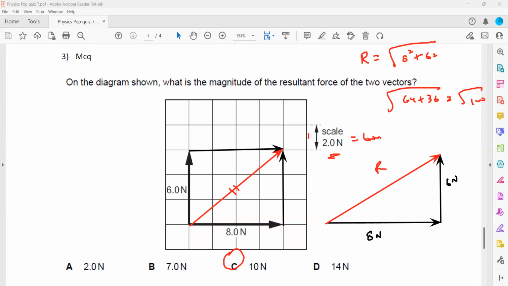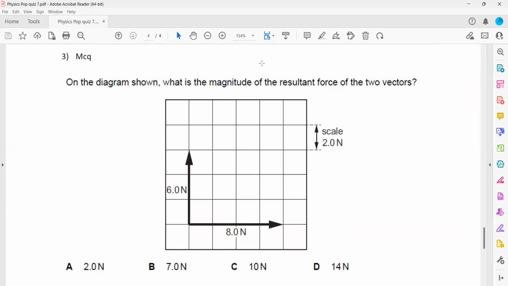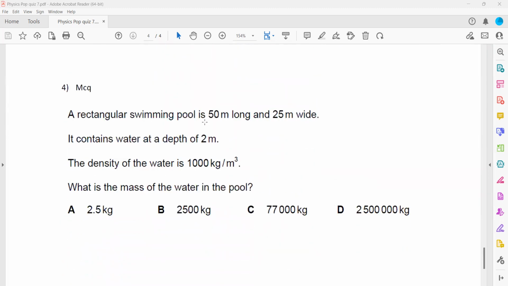Is it clear? So either you can use a scale diagram, like a measurement, or you can use the Pythagoras theorem for perpendicular vectors to work out the resultant.